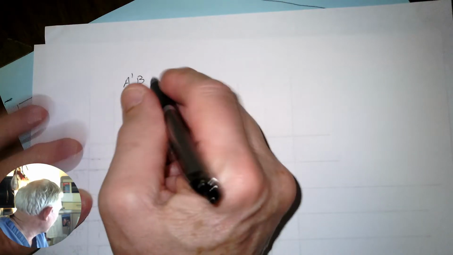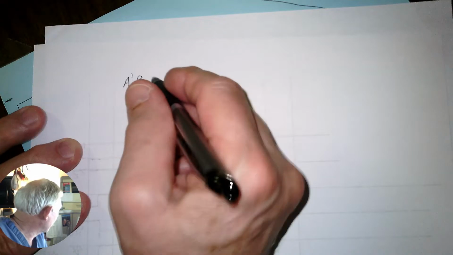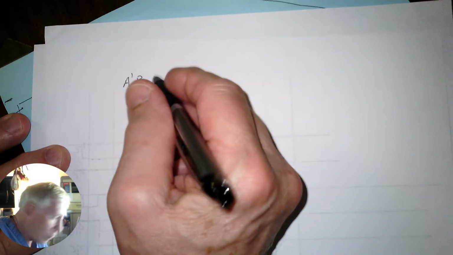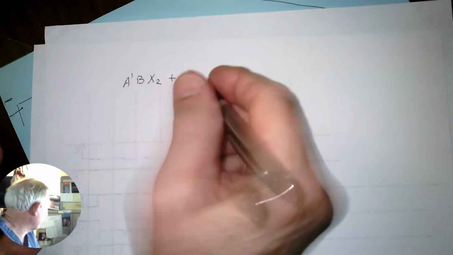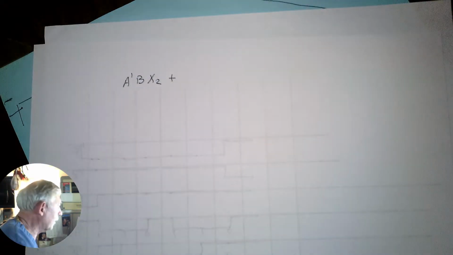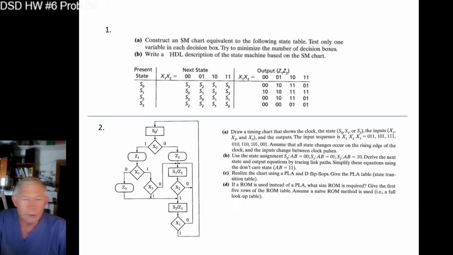So it comes from S1, which was A prime B, and then it requires X2 to be a 1, so X2. And then we want to add to that the other path. Now this path comes from S0, and X2 is a 1, X1 is a 0, that's one path, and then we also have the path X2 is a 1, X1 is a 1, X3 is a 1.